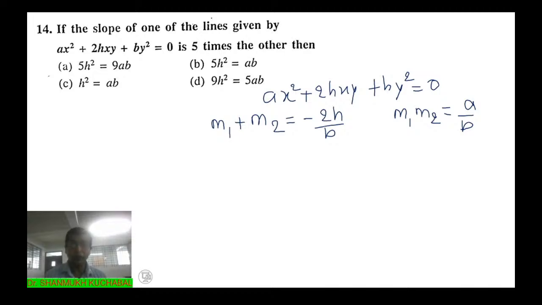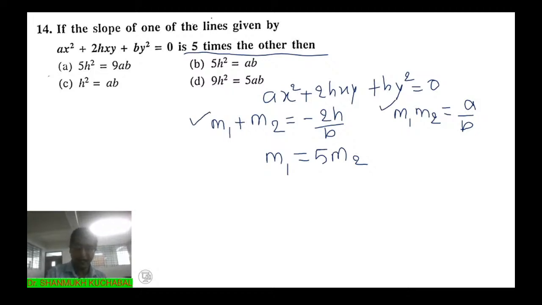Okay. Now they are given that one line is 5 times the other, so it is a slope. So we can write that as first slope equal to 5 times the second slope. Okay, so this value we will substitute in the previous both equations.